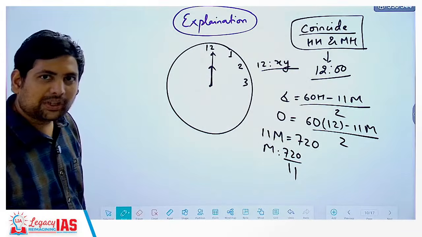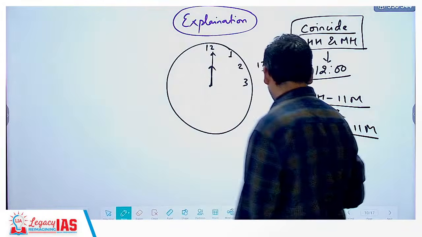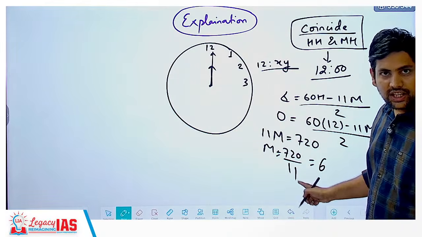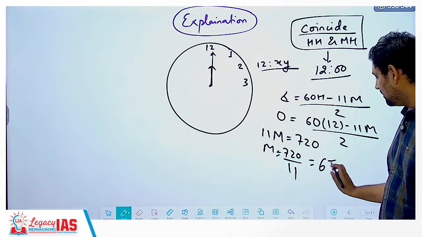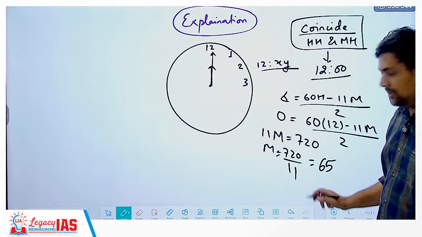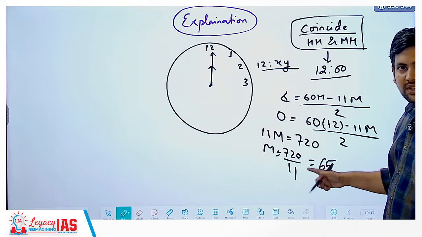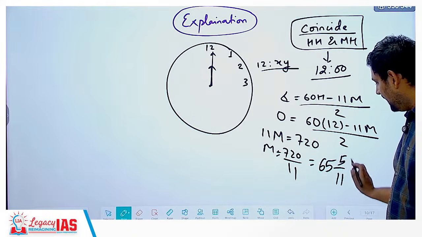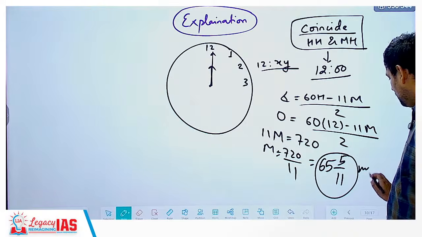720 by 11, how many times will this go? This goes 6 times, 66. Then 6 remains with 60, this goes 5 times. Then what remains? 5 remains. So 65 and 5 by 11 minutes is what you got.